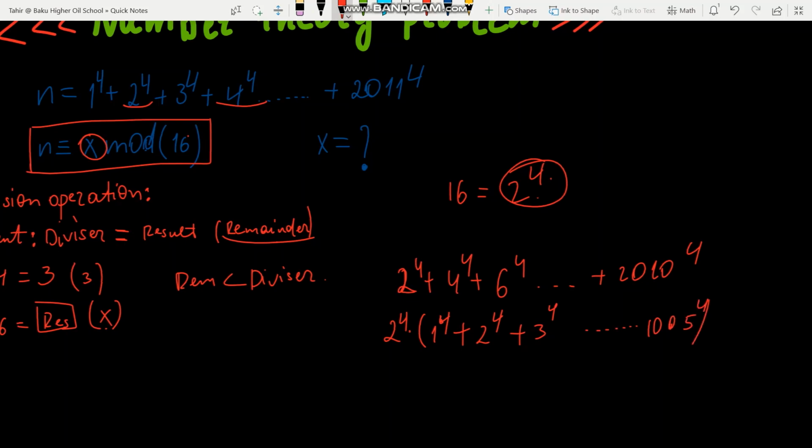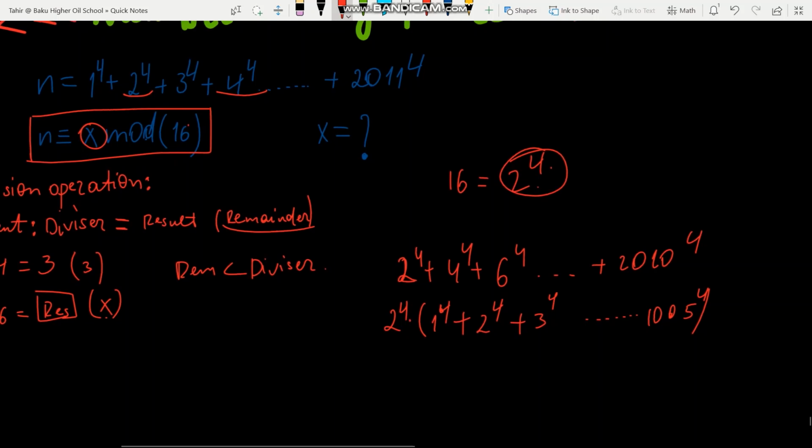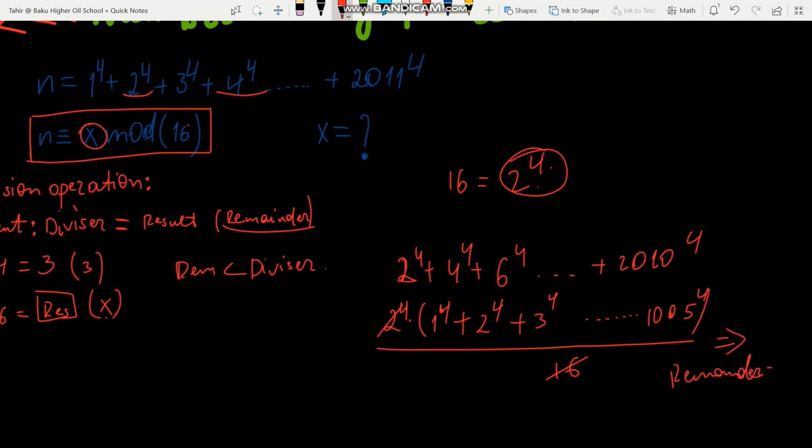And let's continue, and when we divide it by 16, this will be eliminated, and we will have a result, and in this case the remainder will be equal to 0.